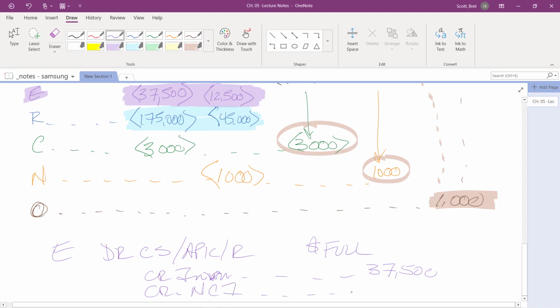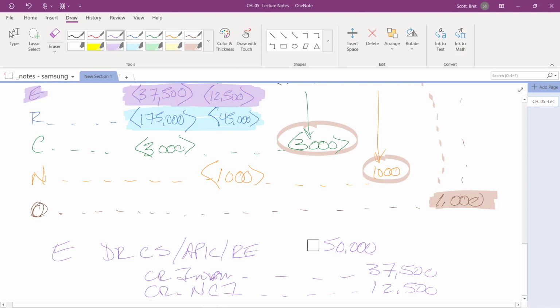We need to do this credit to NCI for 12,500. So we're not doing a debit to common stock 75.25. We're just going to do it for the full amount, which is the 50. If you recall from up above, the full beginning balance of the net book value is the full balance of the equity accounts. So that total amount from up above was $50 million. We're breaking it out there.